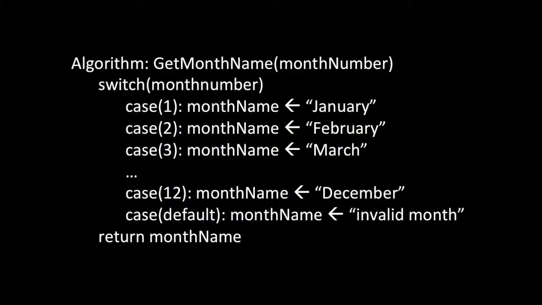Now, if month number isn't between 1 and 12, then we don't have a valid month because there is no 0 or negative months and there are no months beyond 12. So in that case, we'll have a default and we'll put invalid month in the place of month name, and finally we'll return month name.